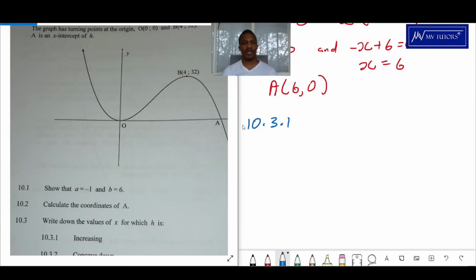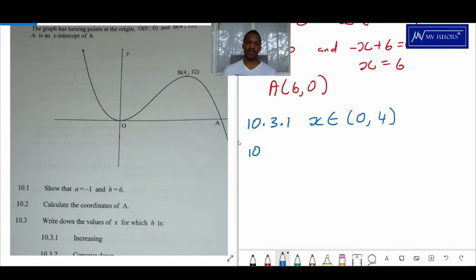So we're really just increasing from 0 to 4. So x is an element of, it starts increasing from 0 to 4, and it's round brackets because these numbers are not included since it's flat over there.